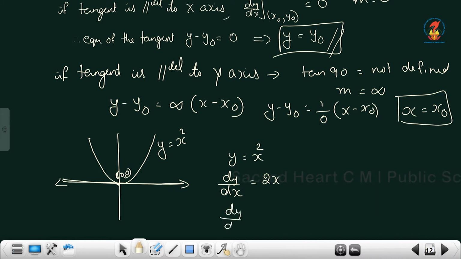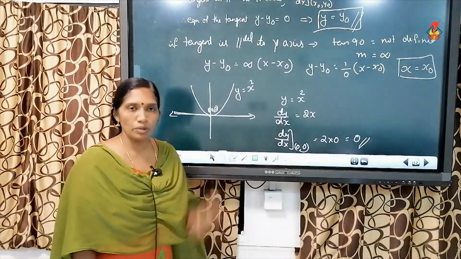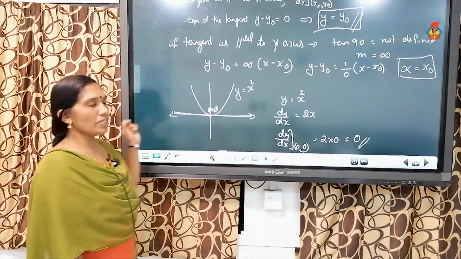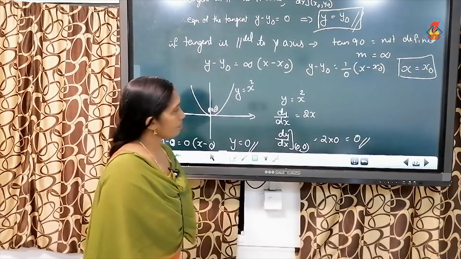So dy by dx at 0, 0 is equal to 2 into 0 equal to 0. So the slope of this line, the slope of the x-axis, is equal to 0. Then what is the equation of this line? y minus y0 is the format. y0 means 0, slope is equal to 0, x minus 0. So this part is 0, y is equal to 0. Is y equal to 0 the equation of the x-axis? Correct. So this is the method.